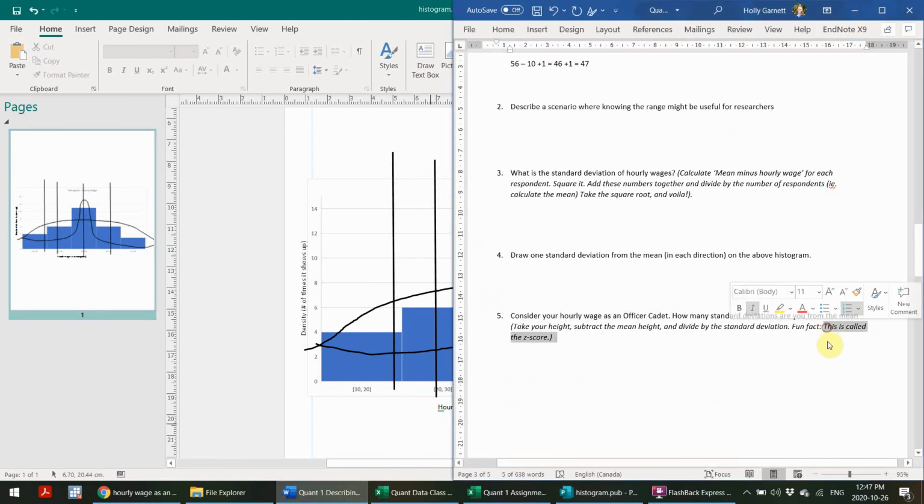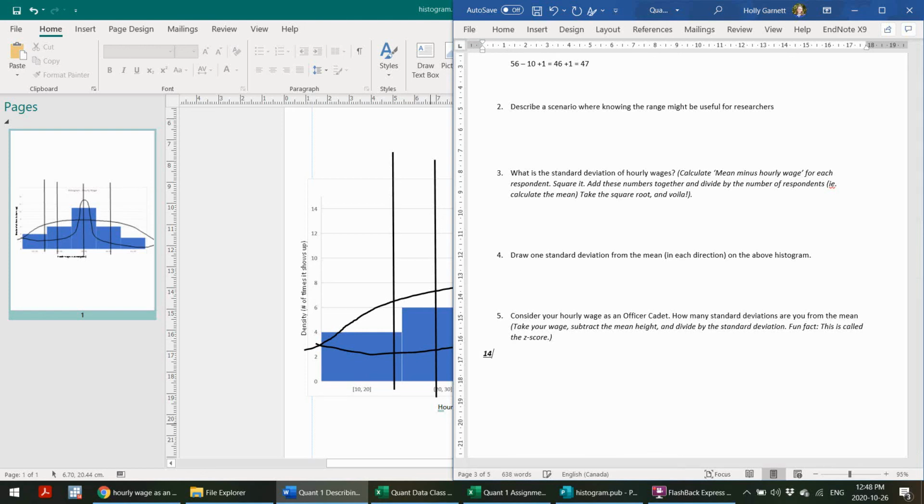Fun fact, this is called the Z-score. When you take essentially your wage, let me just write this down so you can see, because I was doing this on a piece of paper and you obviously can't see that.